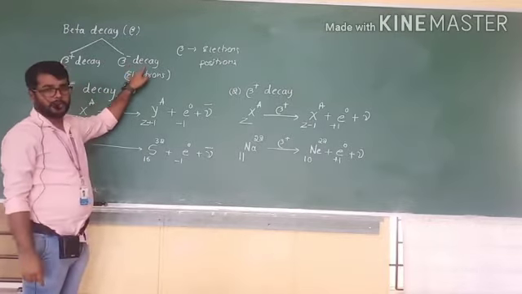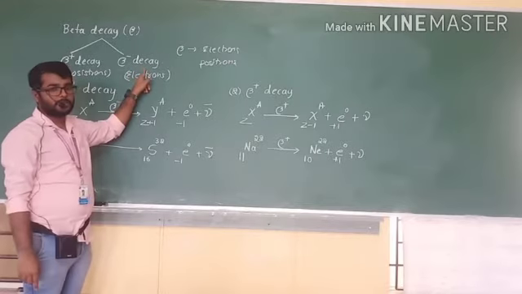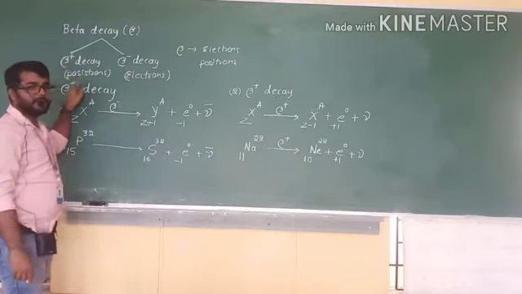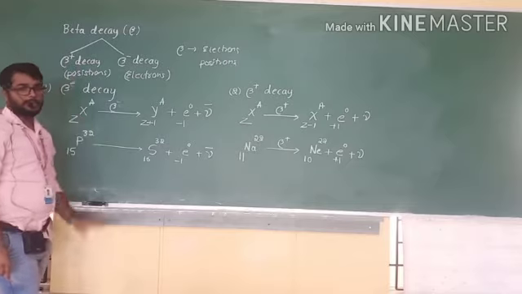If positrons, that is positive electrons, are emitted, then this type of decay is called beta plus decay or positive beta decay. If electrons are emitted, it is beta minus decay. If positrons are emitted, it is beta plus decay.